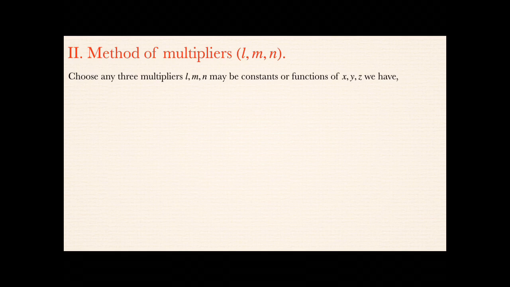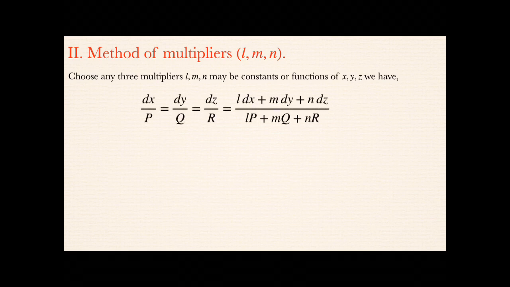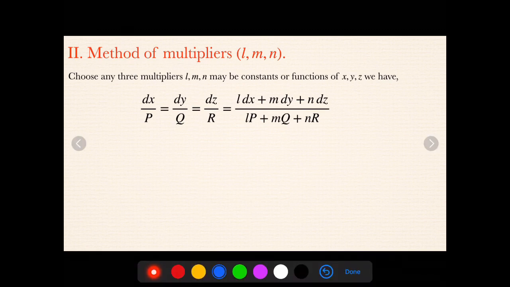First form the auxiliary equation. If you choose l, m, n as multipliers, you need to multiply l to both numerator and denominator of dx/P, m to dy/Q, and n to dz/R. Like this we get an equation.